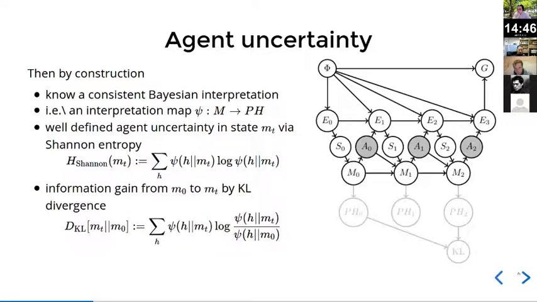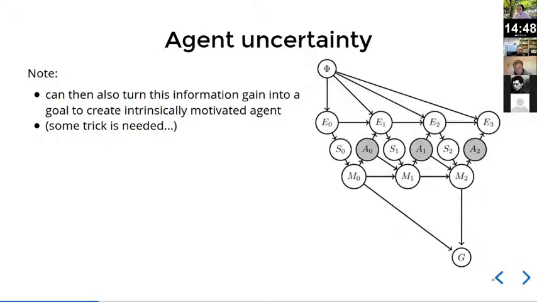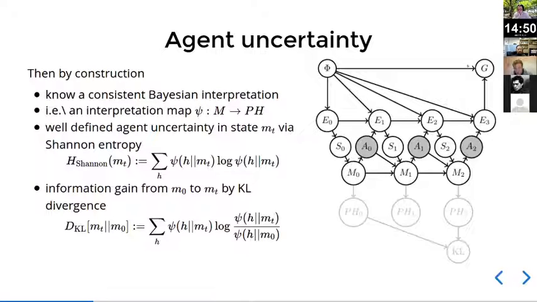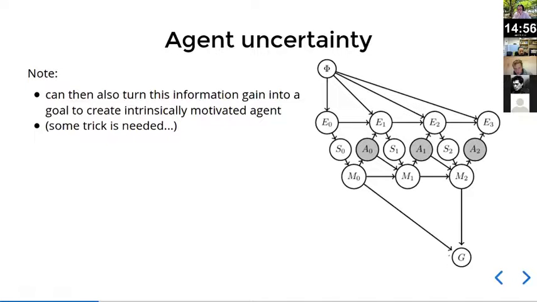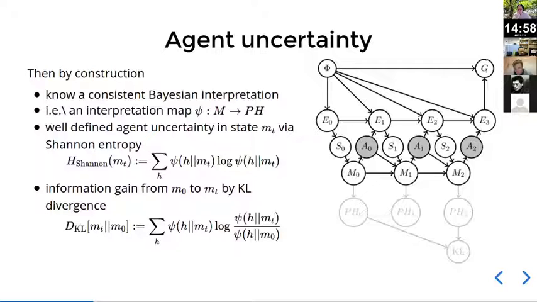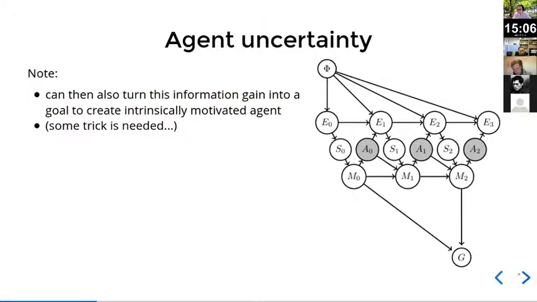Okay. Yeah, and if you want, you could then also use this as a kind of goal. So instead of having some other goal that you want to achieve in the environment, you could turn this information gain into the goal of this agent and have some kind of intrinsically motivated agent.